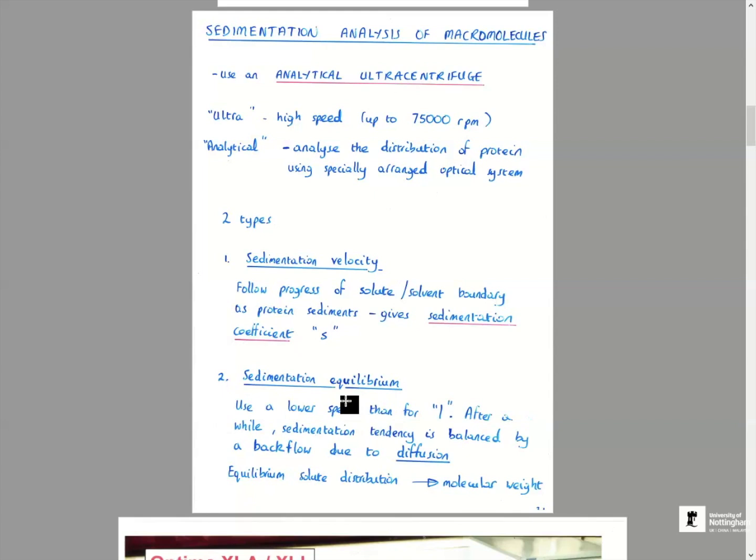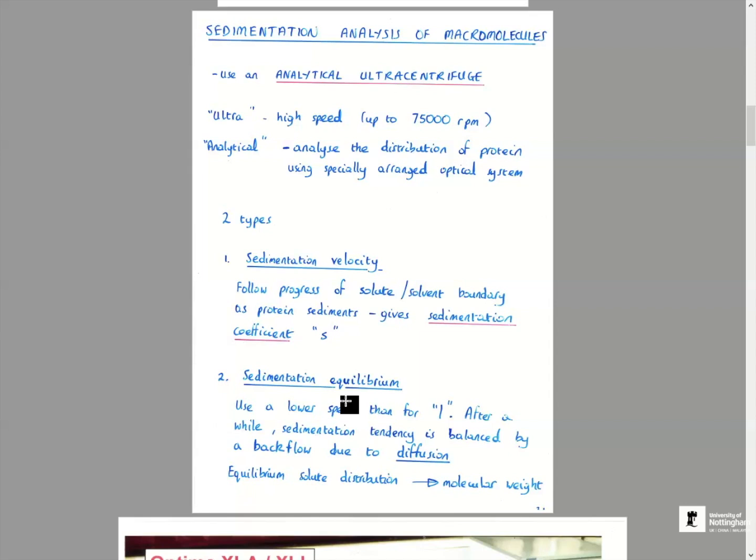And what happens is you get, instead of a sedimentation boundary, a distribution of material which stays constant with time. So the two forces sort themselves out, sedimentation, diffusion, and you end up with a steady state. That means constant distribution of material. And because there's no movement in this steady state, then friction forces and things don't apply.